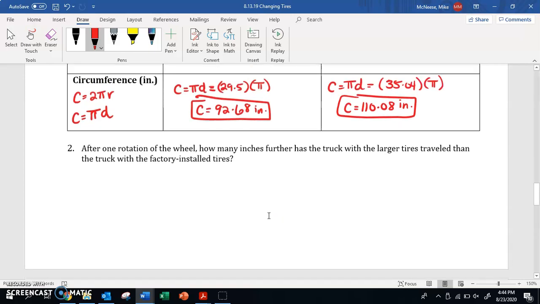If a tire is rotating, that means you're just going one circumference length. So I need to find the difference between these. I've got 110.08 minus 92.68, and that should equal 17.04 inches, because we're working in inches, further.